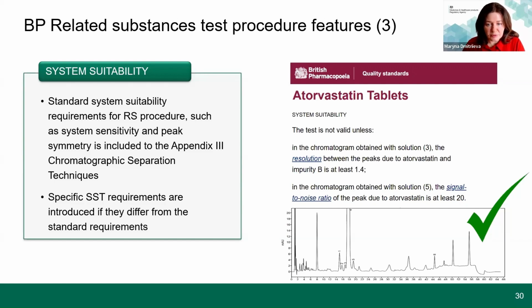In the specific monograph, these requirements are introduced if they differ from the standard requirements. Here in the atorvastatin tablet monograph, along with the resolution requirements, the specific limit of signal-to-noise ratio has been introduced to address the impact of the impurities correction factor, which is about 2. Next slide, please.